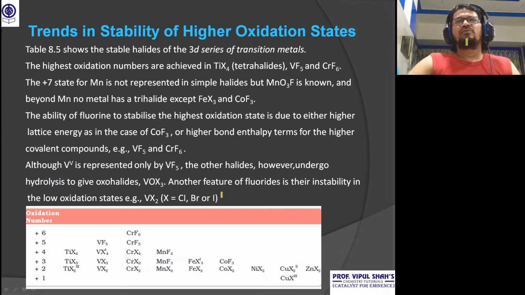Next comes the trends in the stability of higher oxidation states. Generally, one simple thumb rule to keep in mind with respect to oxidation state: elements in lower oxidation states are good reducing agents, like ferrous. Ferrous is a good reducing agent; it will increase its state from +2 to +3. Whereas ferric is a good oxidizing agent; it will get reduced back to ferrous.